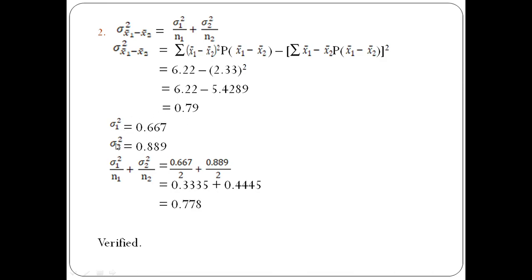I have calculated the values directly and put them in the right hand side. So look, the final answer is 0.778, or 0.79 when we round off. These are approximately equal, and the second property is also verified.